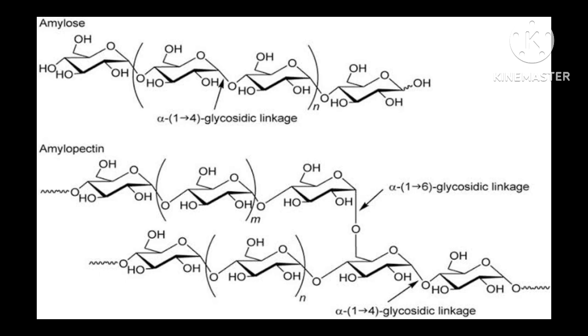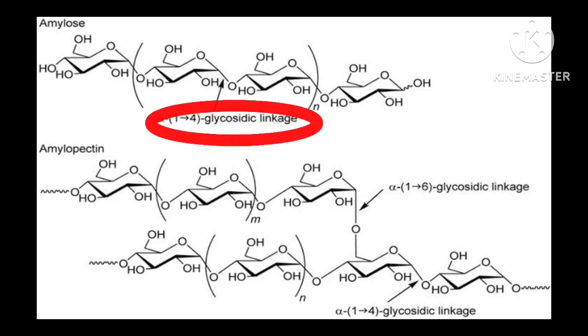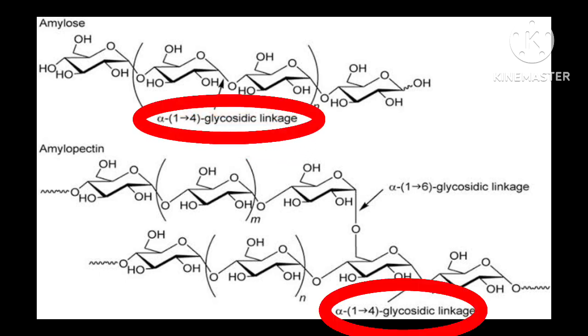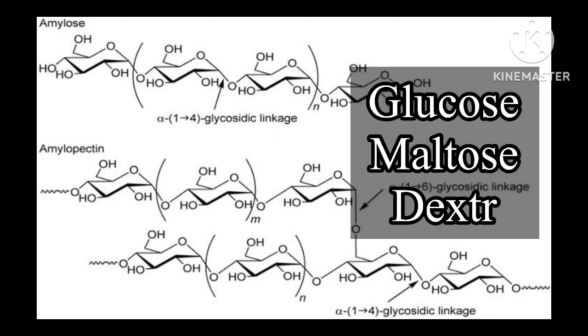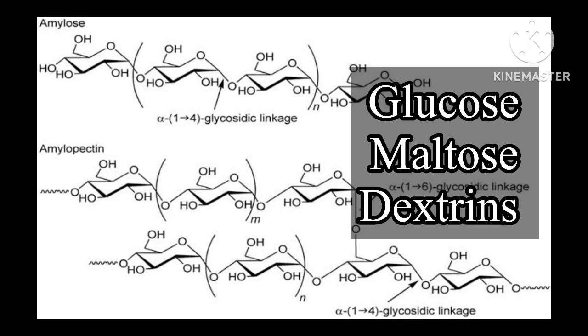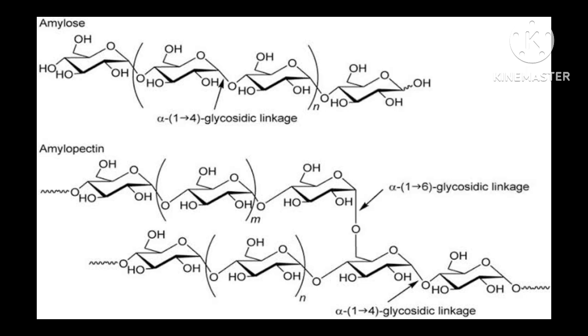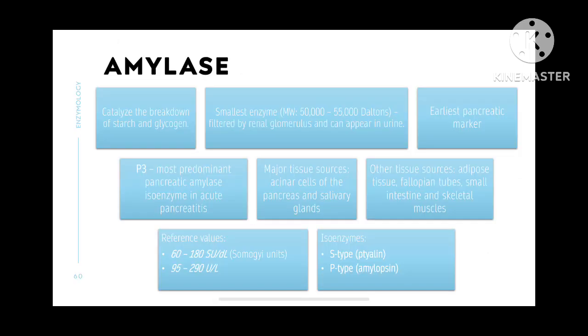Alpha amylase attacks only the alpha-1,4 glycosidic bonds to produce degradation products consisting of glucose, maltose, and intermediate chains called dextrins. These dextrins contain alpha-1,6 branching linkages. Cellulose and other structural polysaccharides consisting of beta linkages are not attacked by alpha amylase.